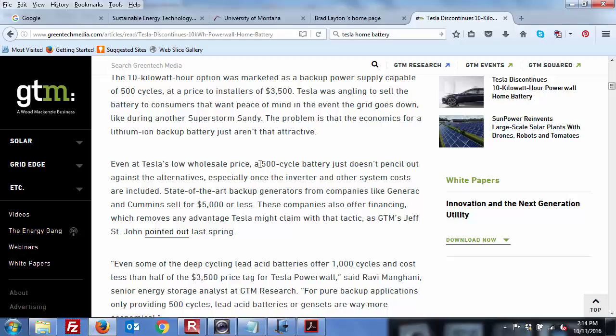I did not know this. The thing only cycles 500 times. In other words, you better make sure that thing is totally dry before you start powering it back up again. You only got 500 times to hook the charger to it. That's a new one on me. I didn't know it was going to be that wimpy. Lead acid batteries, of course, thousands of cycles. Well, you know what? They went for it.